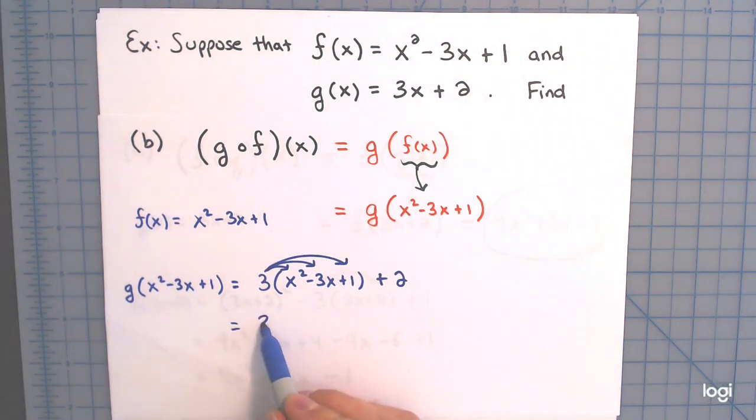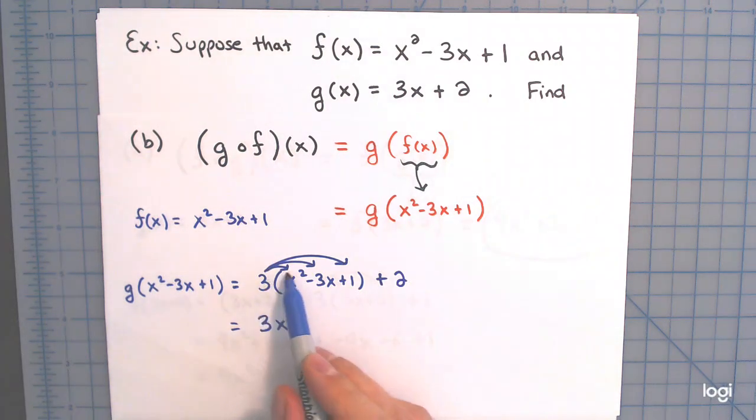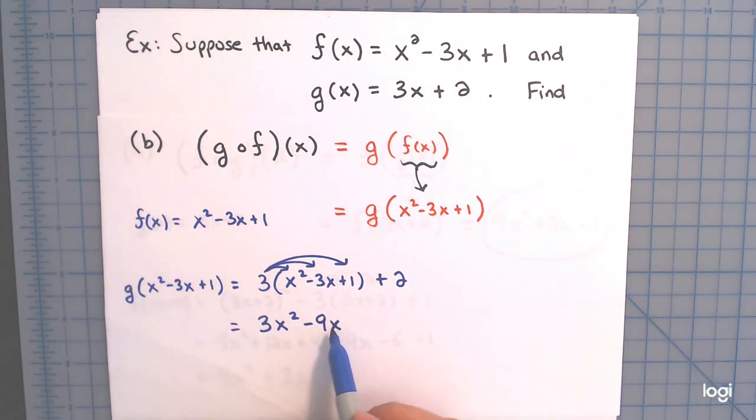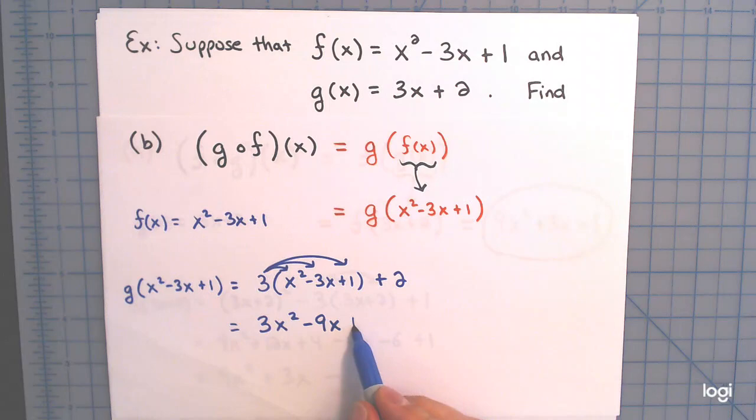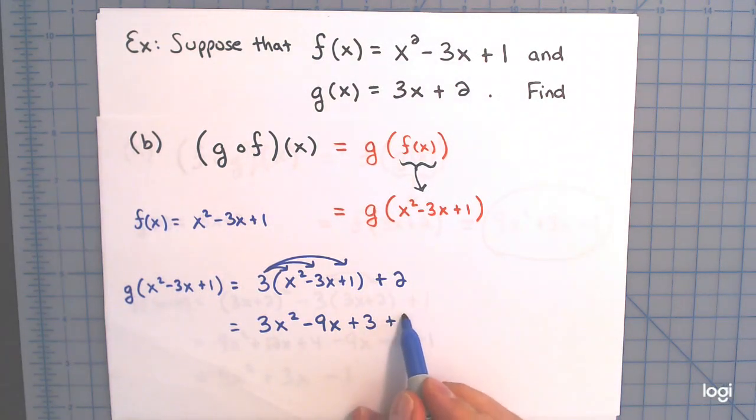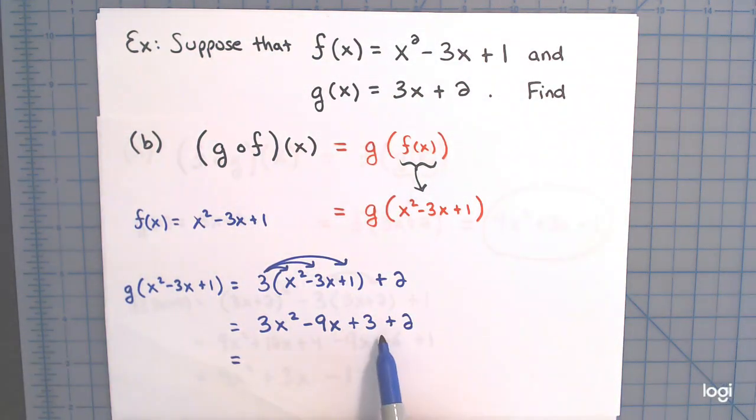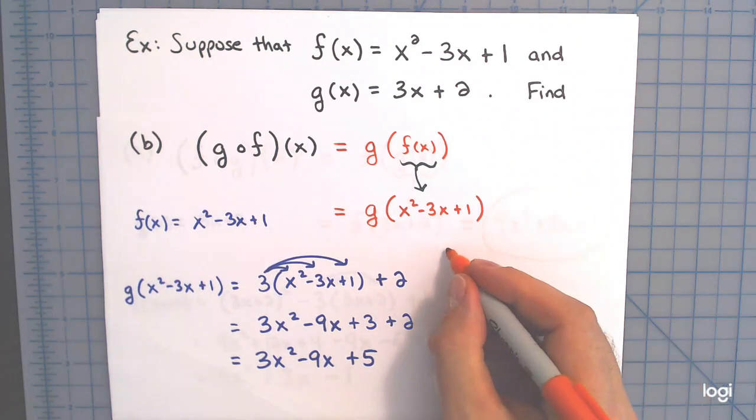So we have 3x squared, then minus 9x, then plus 3, and then the plus 2 after. Those are the only two like terms. They make plus 5. So I have 3x squared minus 9x, then plus 5. Great, and that's the final result.